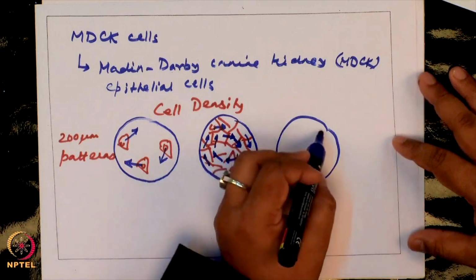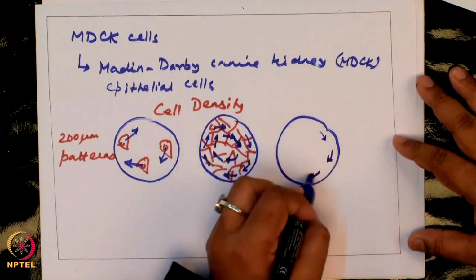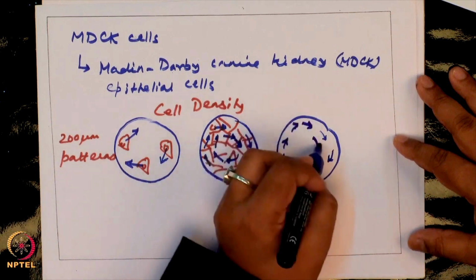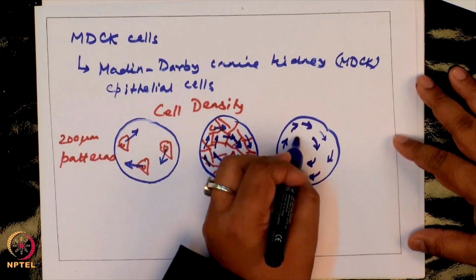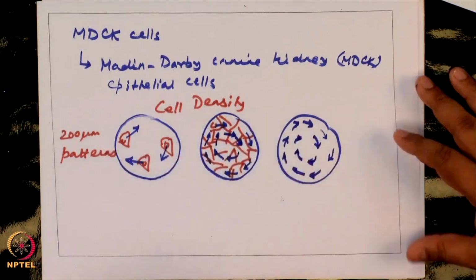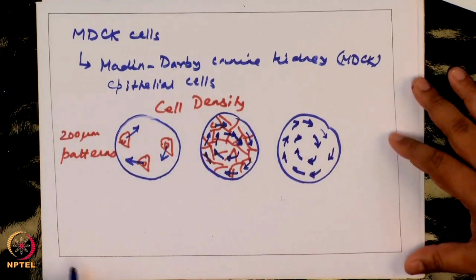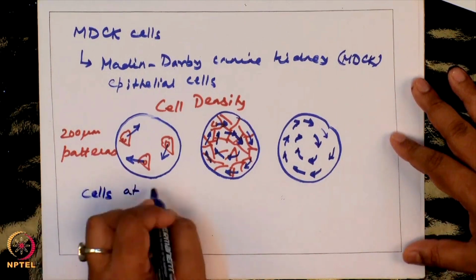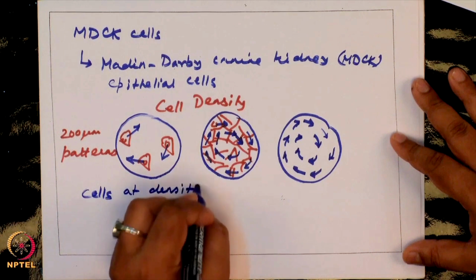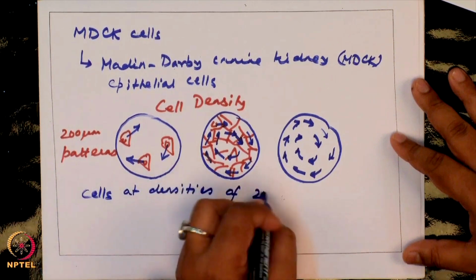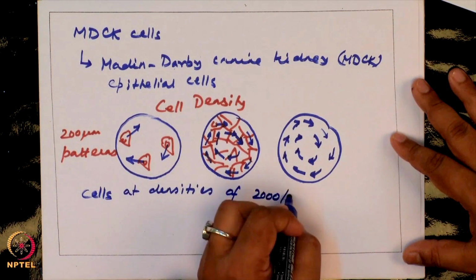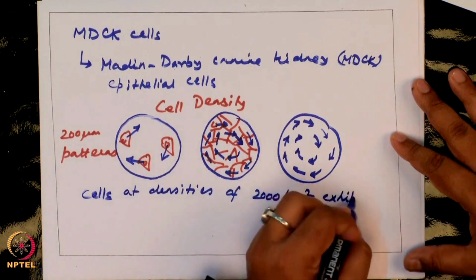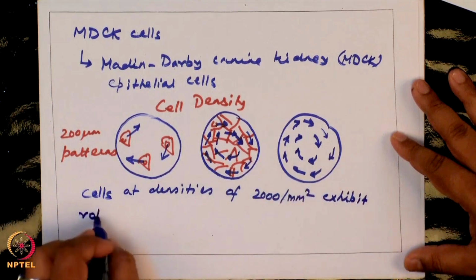If I were to draw the directions of cell migration within these patterns at confluence, you would see this complete rotation. The cells at densities of 2000 per millimeter square exhibit rotational motion.